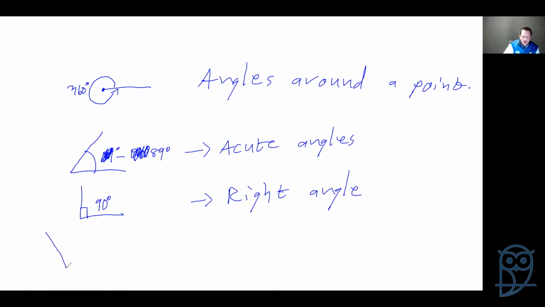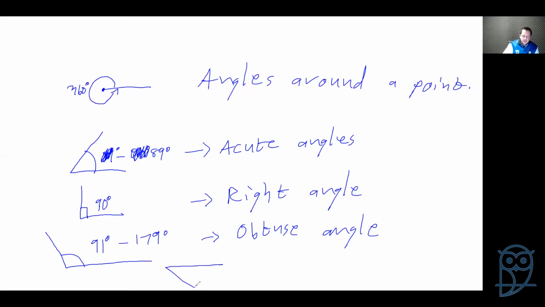If it's larger than 90, but smaller than 180, that is my obtuse angle. And then if we have a bit of a backwards turn, so we have this angle here.